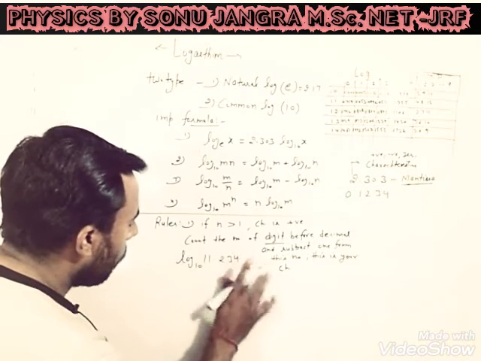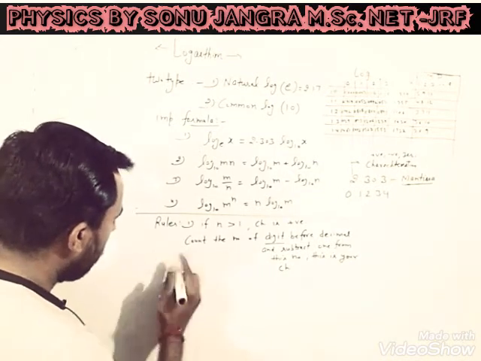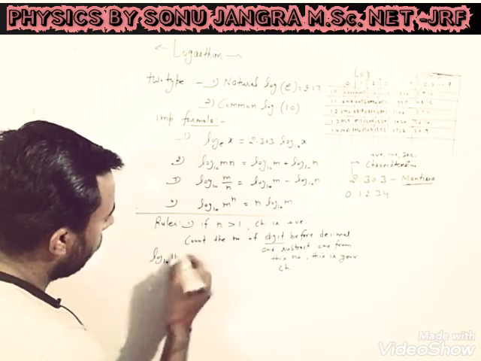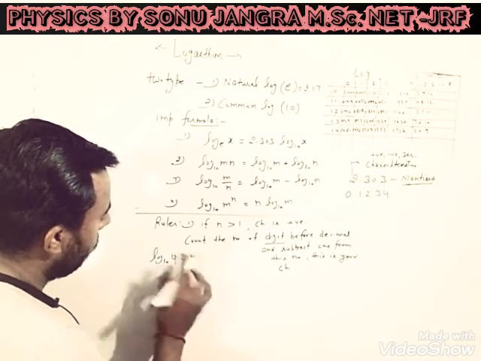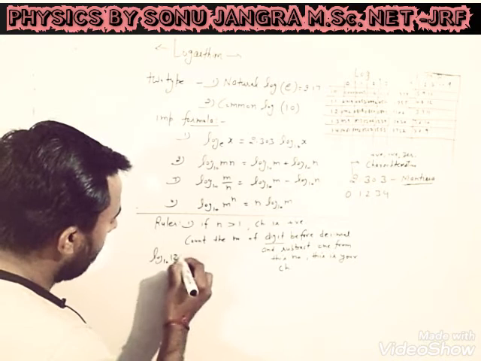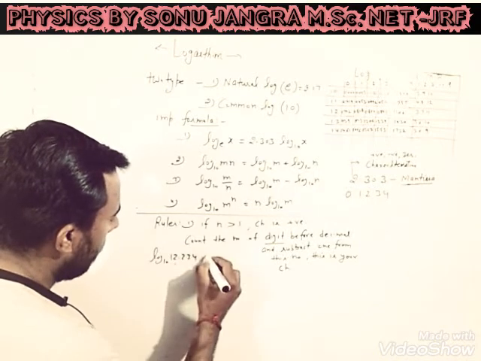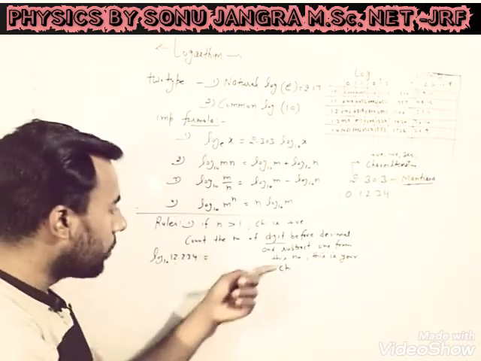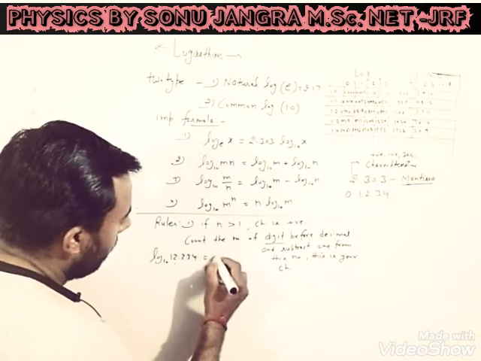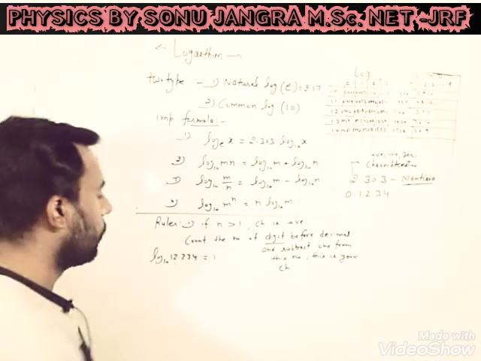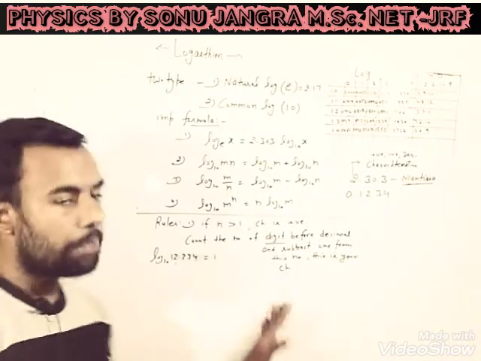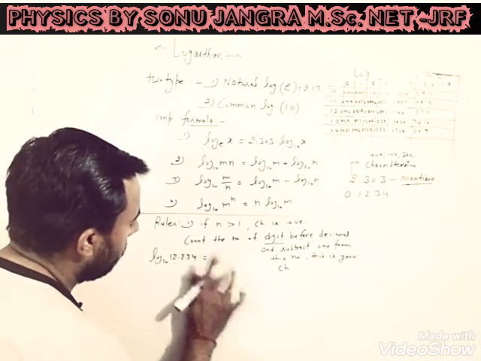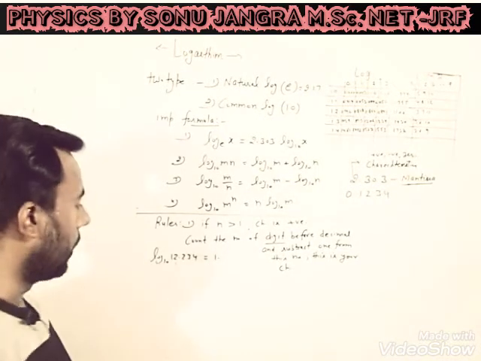So the log value of log 10 of 12.234: there are 2 digits, 2 minus 1 is equal to 1, so 1 point. This is your characteristic part. For the mantissa part, some different rules are there, so I can write here 1 point. Okay, this is your characteristic part in the log values.